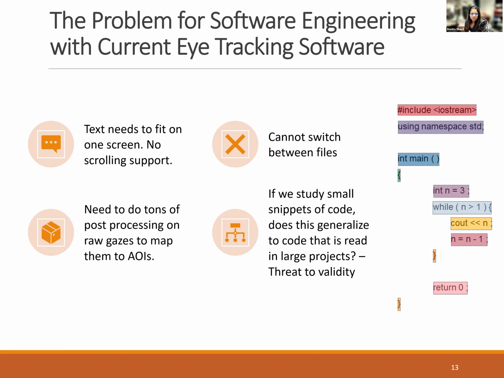We had to do tons of post-processing later on to map the gaze to specific lines and sublines, as you can see in this small snippet on the right. Now you can imagine a file that is 1,000 lines long. That's going to take forever, if you could possibly do that. So this is a problem.